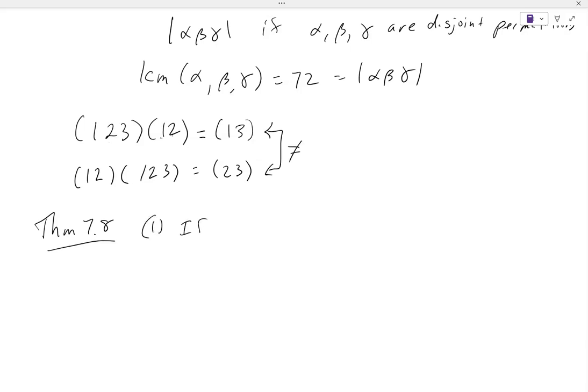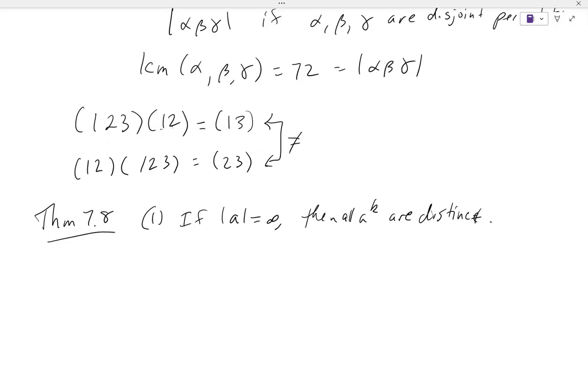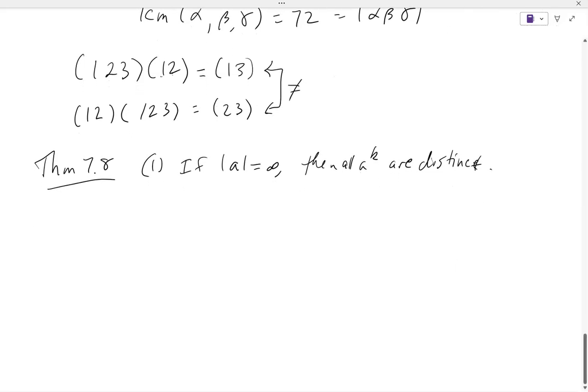One says that if a has infinite order, then all powers of a to the k are distinct, assuming that k is some integer. Okay. Let's think about why. What would happen if they're not distinct?